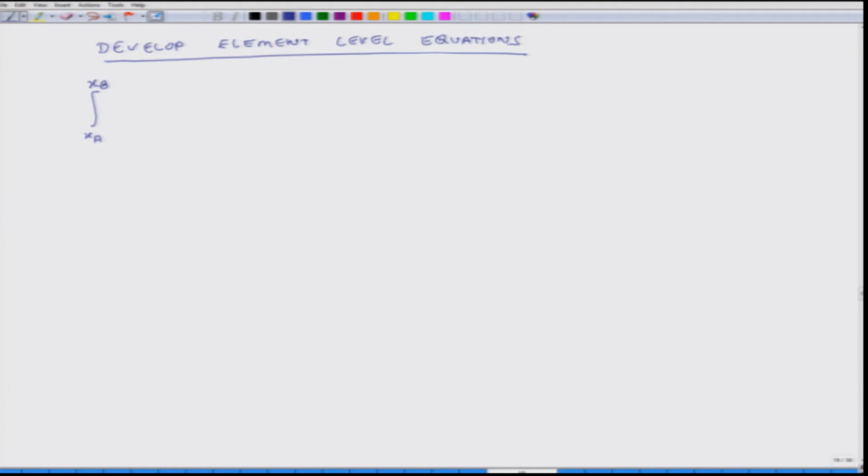I am going to integrate it over the length of an element, and these are global coordinates: a w prime u prime plus c w u dx equals the integral from x a to x b of w times some loading factor q, and then I have boundary terms. What I am going to do here is express this boundary term in a slightly different way.